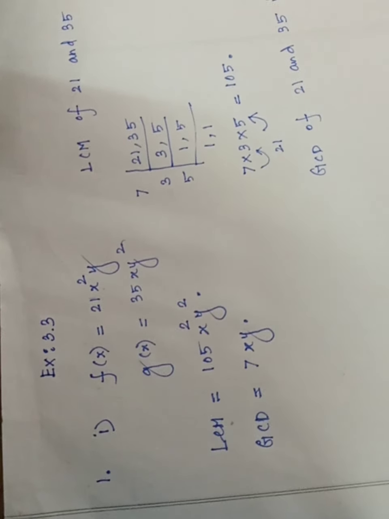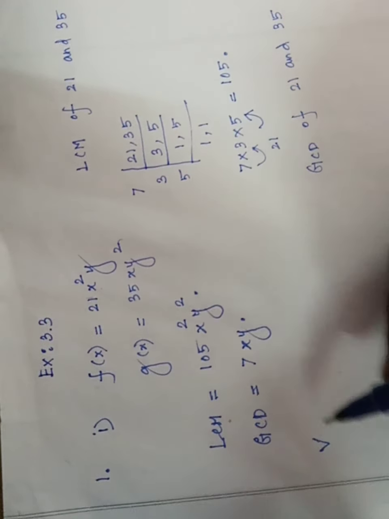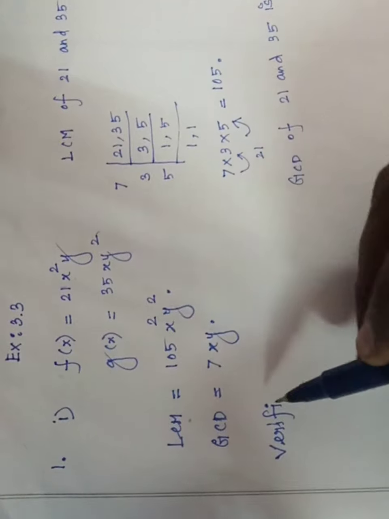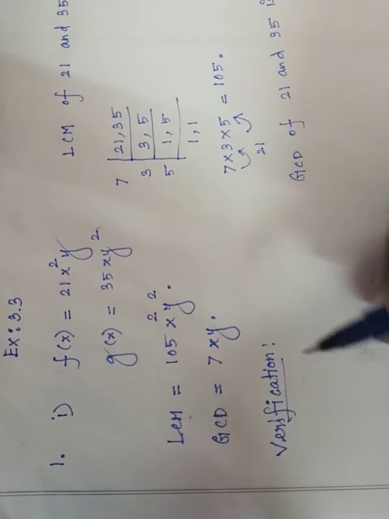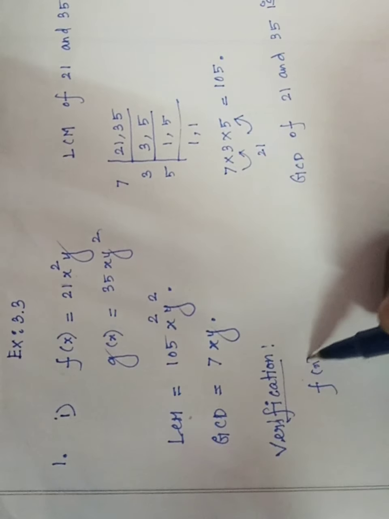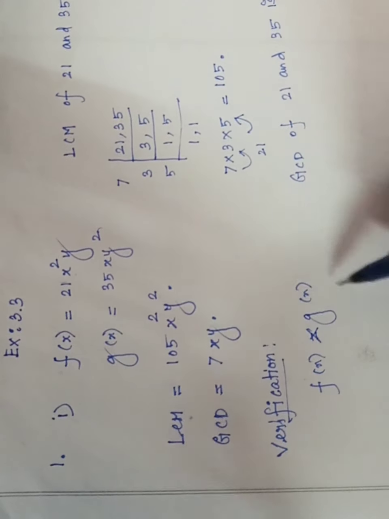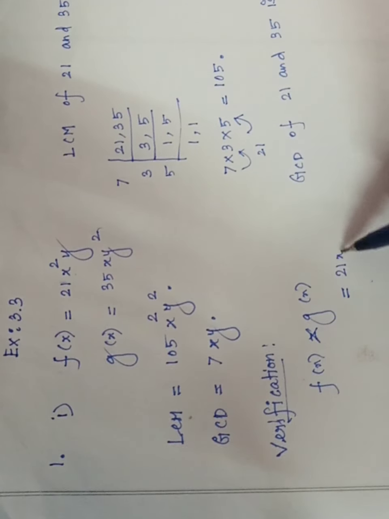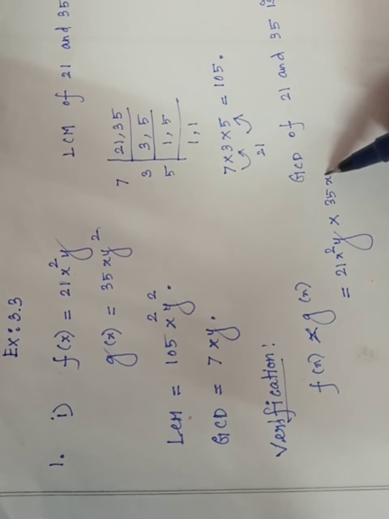So what is the question? Verify that f of x into g of x is equal to LCM into GCD. Verification: f of x into g of x is equal to 21x square y into 35xy square.